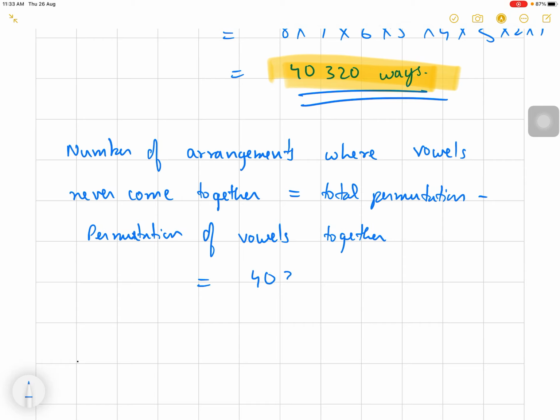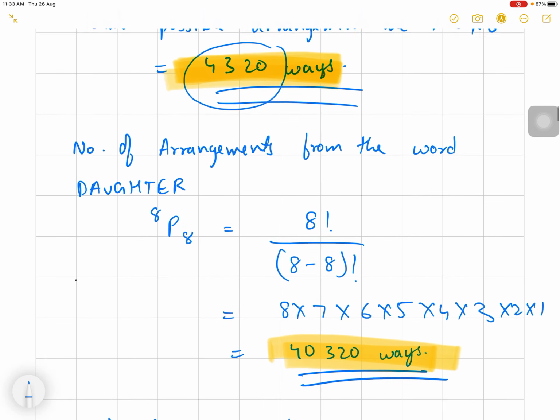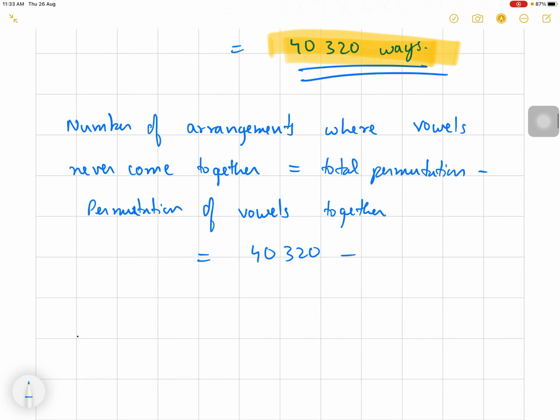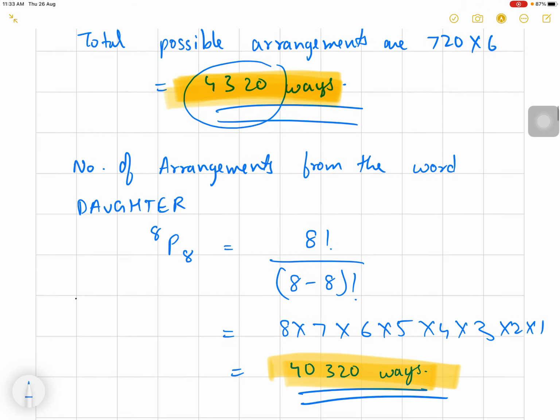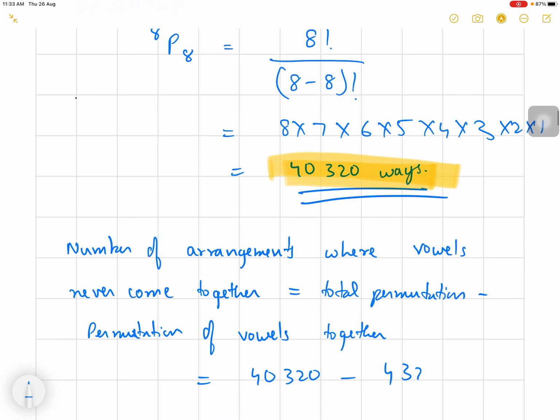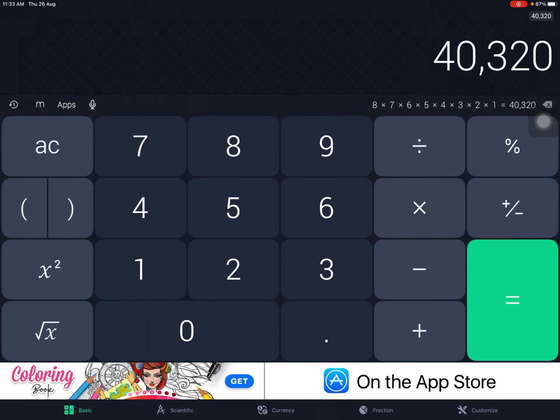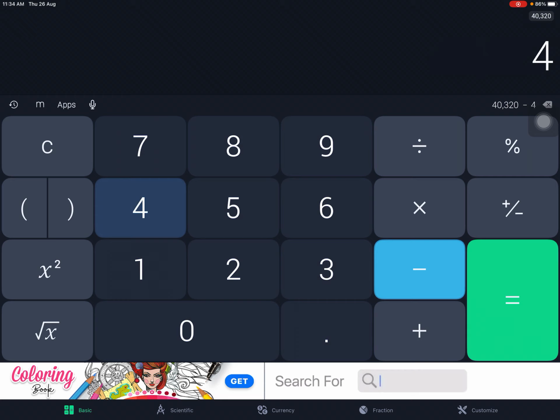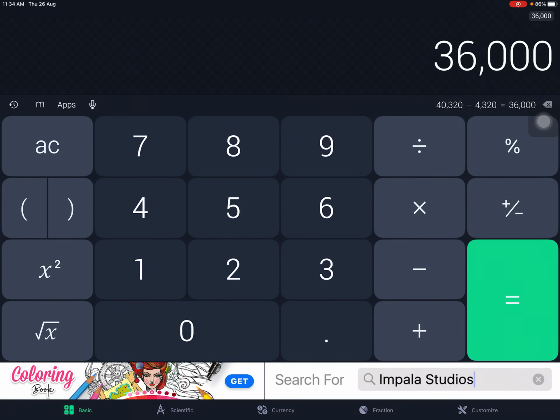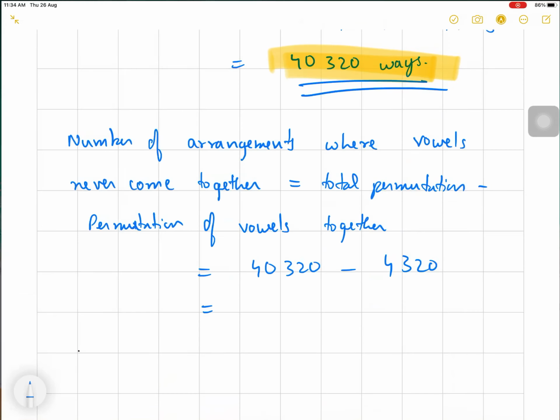So total permutation is 40,320 and 4,320 ways are the number of ways where vowels are always together. Okay. So 40,320 minus 4,320 will be 36,000.